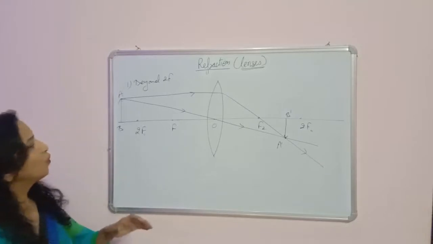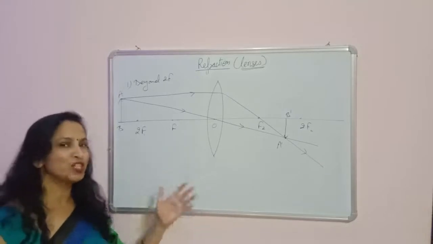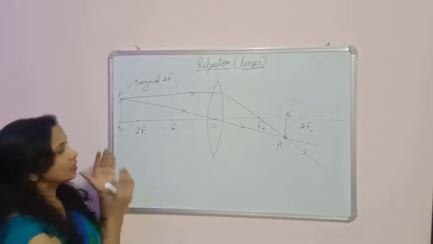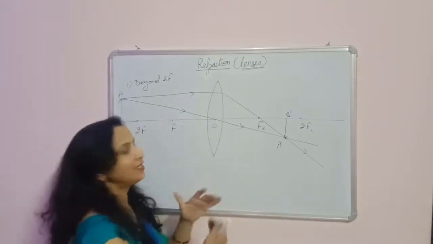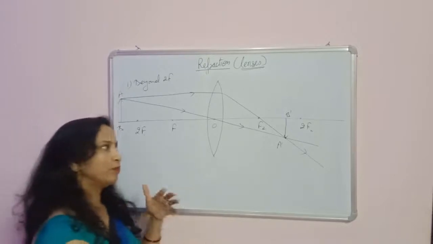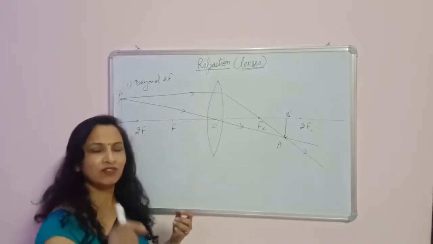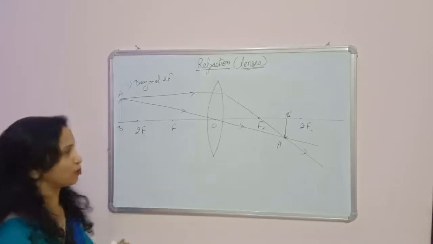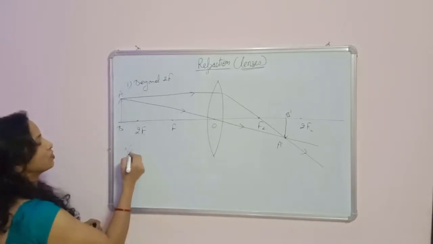So now you can say what is the nature of the image. Since these light rays meet earlier, it means if we place the object beyond 2f and the rays meet before 2f, the image will be 100% smaller than the object.